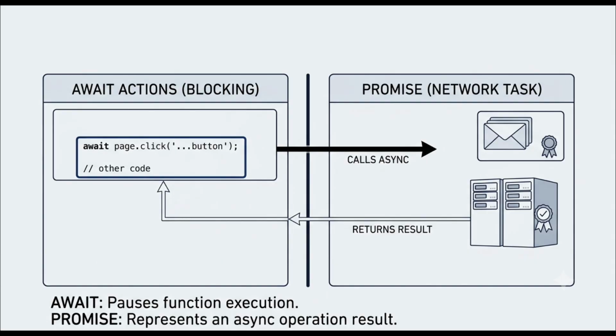And by specifying a function as async, it allows us to use the await keyword. So these two are very important. This keyword will pause the execution until it receives a promise from the executed task, which is launching the browser in the first case.